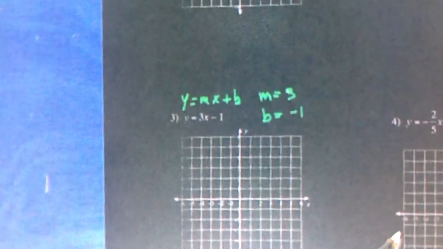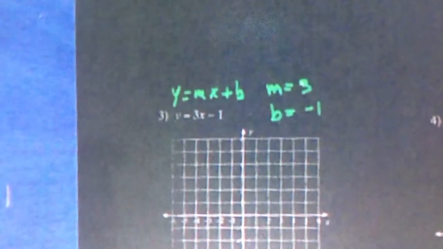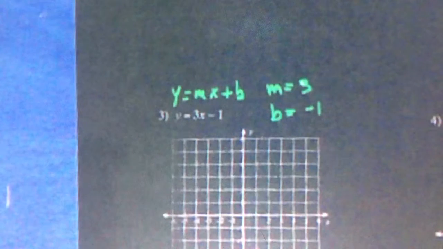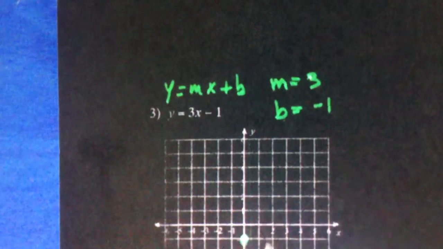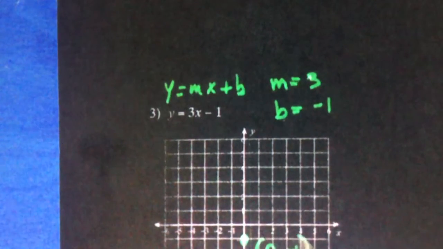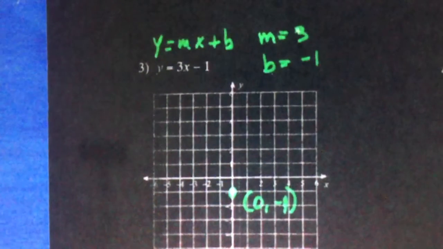And what does that mean on the graph? Well, first of all, we look at our y-intercept as negative 1, so we're going to go down here to 0, negative 1, again, 0 for the x value, and the y value is negative 1, so there we go.